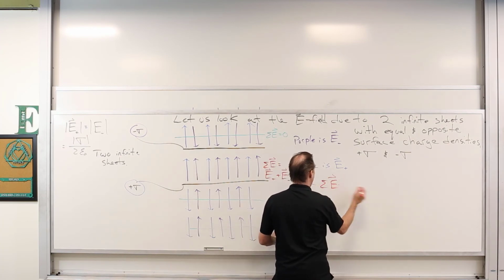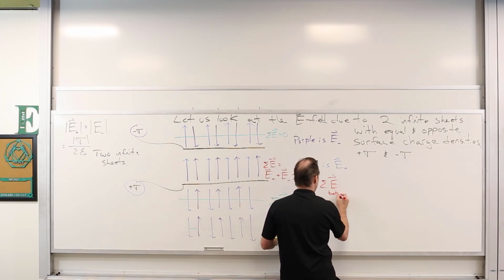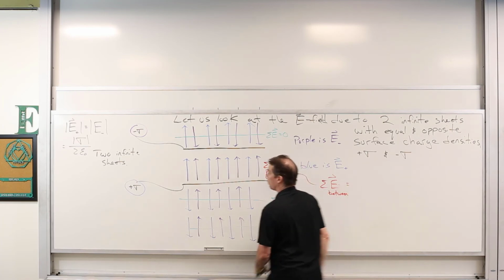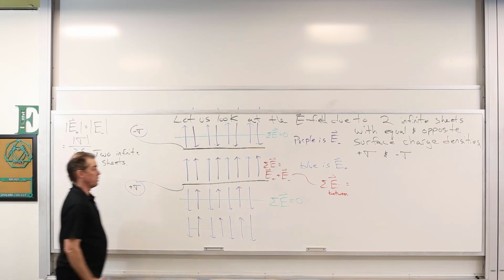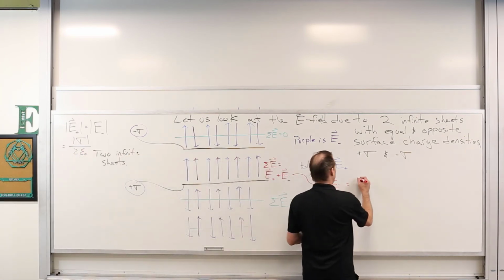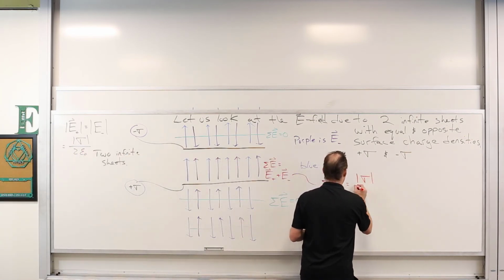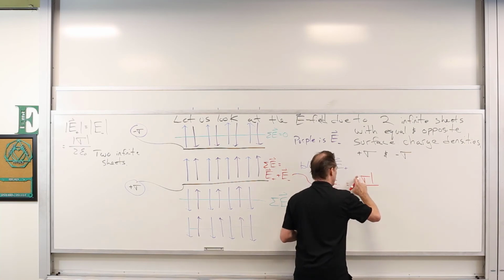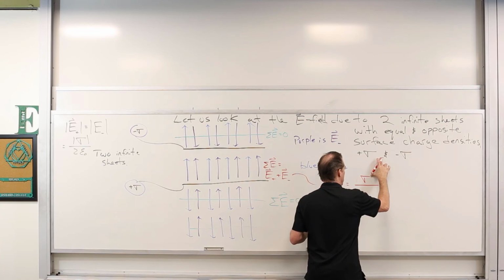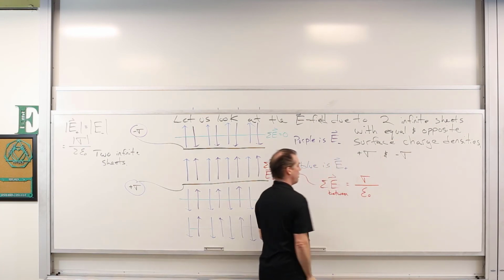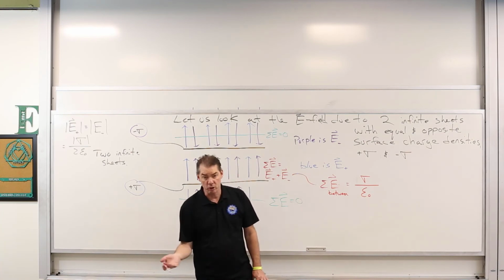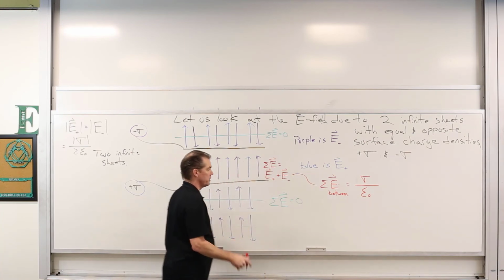Sigma E hat between is then equal to sigma over 2 epsilon 0 plus sigma over 2 epsilon 0, which is then equal to sigma over epsilon 0.